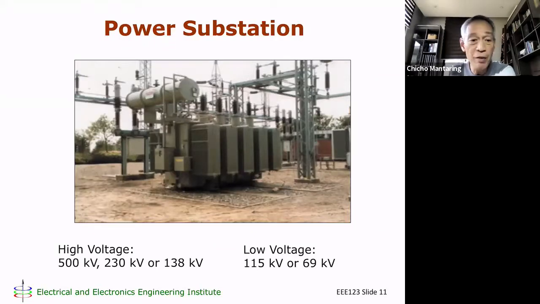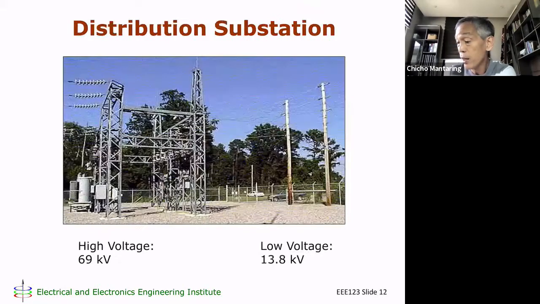You can go up to 500,000 volts, 500 kilovolts. That would be your high voltage side. Your low voltage side would be about 115 kilovolts or 69 kilovolts, from 500 kilovolts or 500,000 volts. And then the distribution side from 69 kilovolts to 13.8 kilovolts.